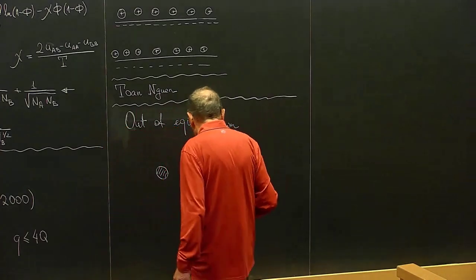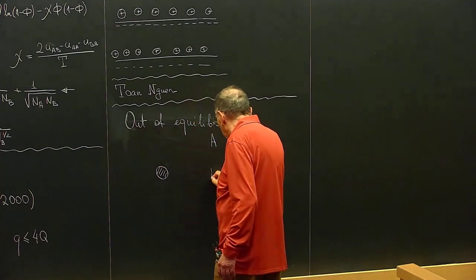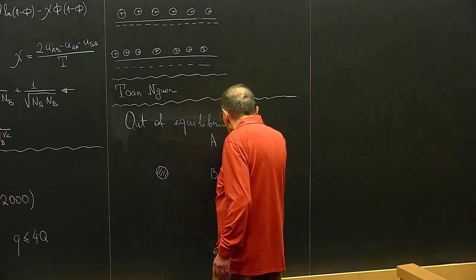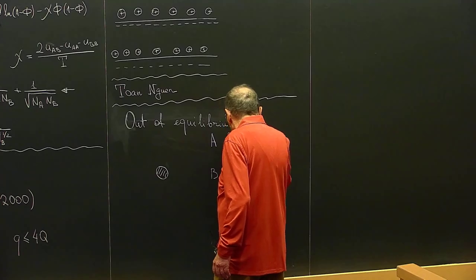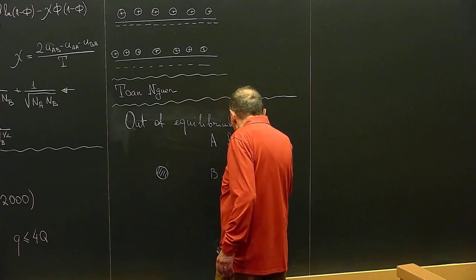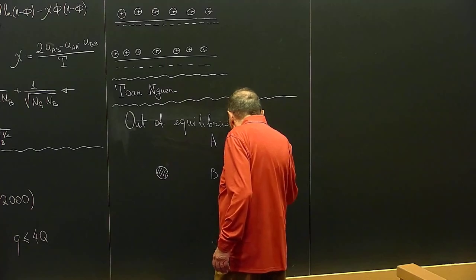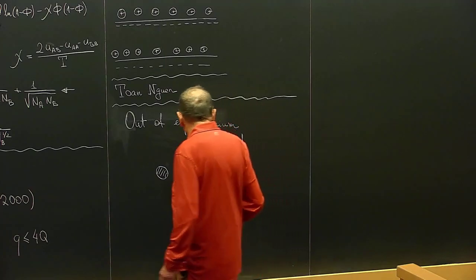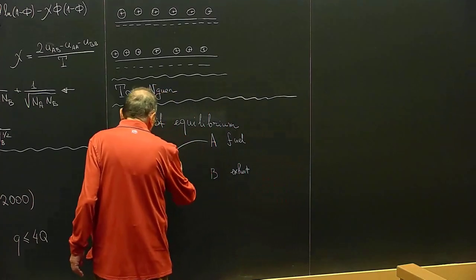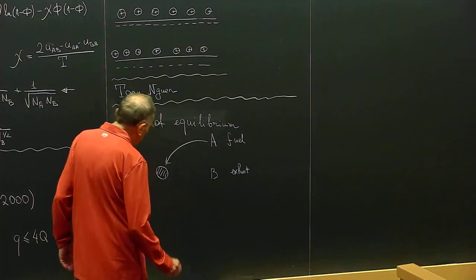Somewhere in infinity you have an infinite supply of molecules A and B, and A we call fuel, and B we call exhaust or waste. So the idea is that A diffuses here.